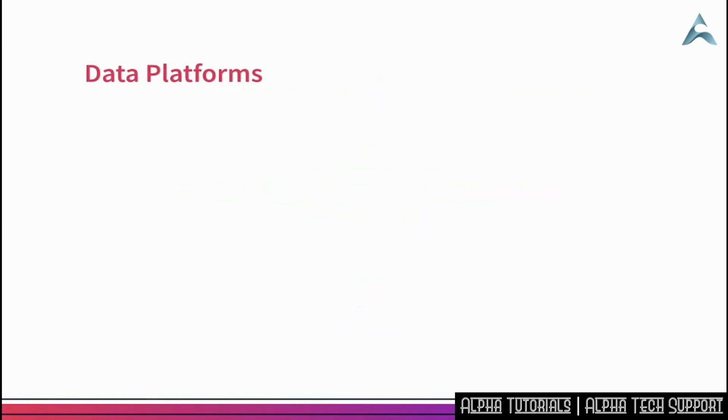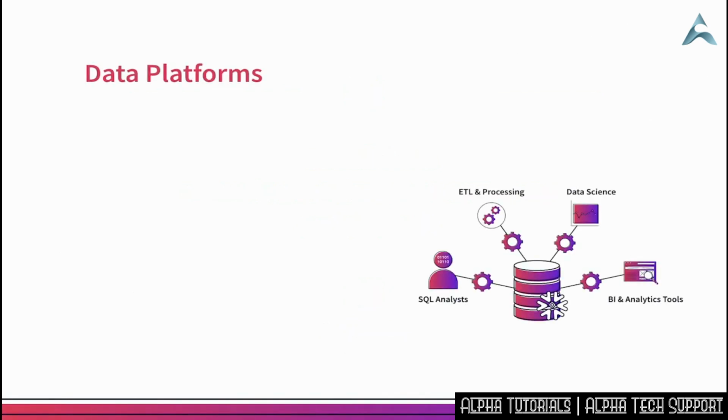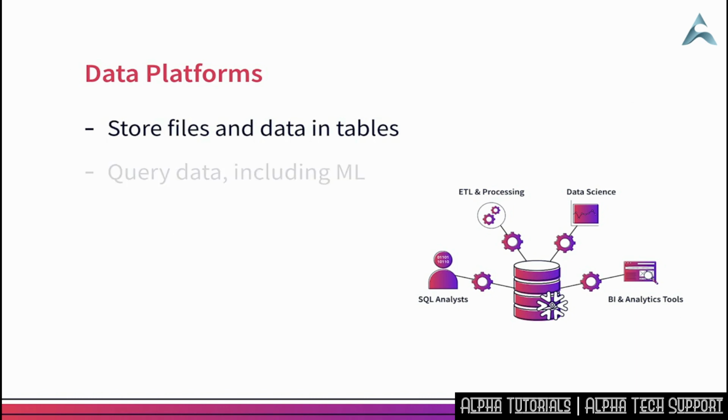And let's start with characteristics of data platforms in general, and then as we go through this course, we'll relate them to capabilities of SnowflakeDB. Data platforms allow you to store files and data in tables. They allow you to query that data, including sometimes using machine learning.